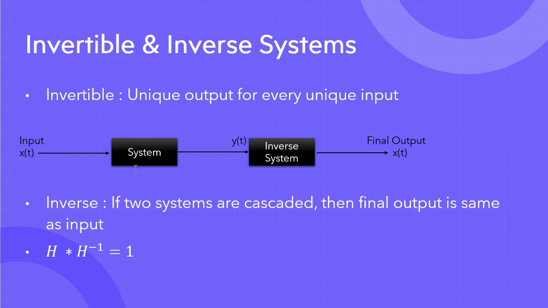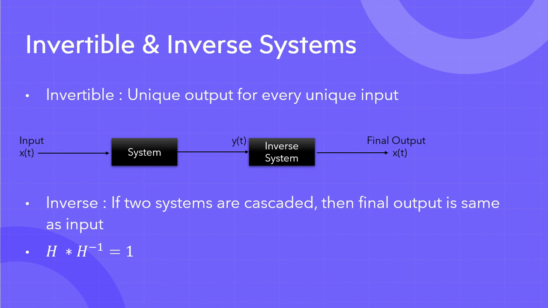And when you cascade your original system with the inverse system and you get the original input as your final output, which means your input and output are the same, then your system is called an inverse system.